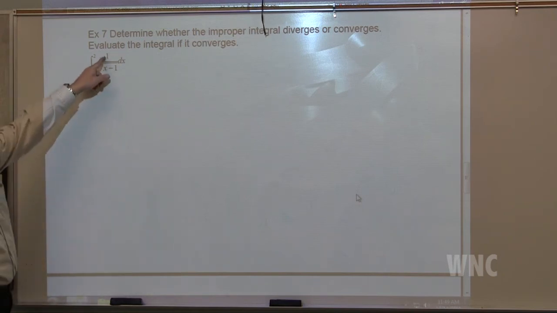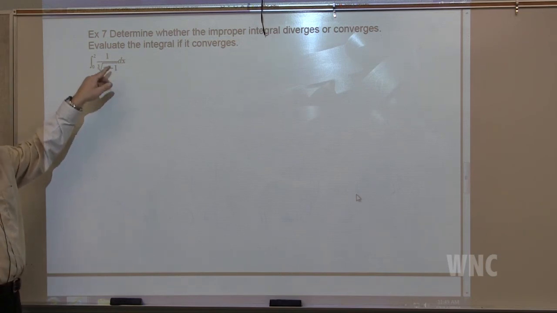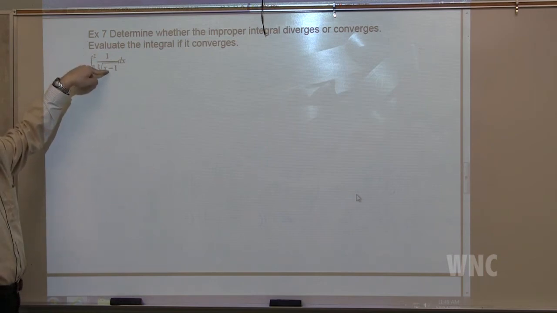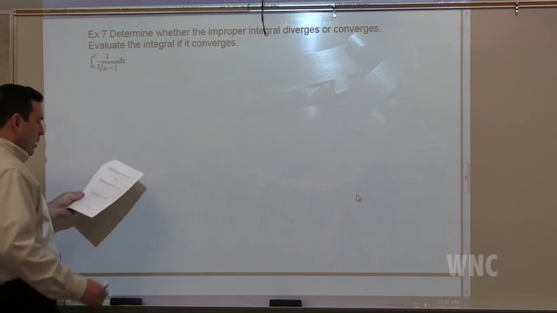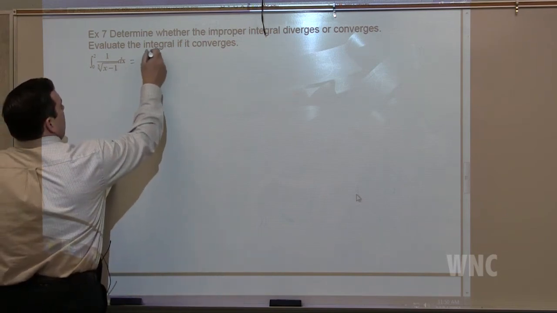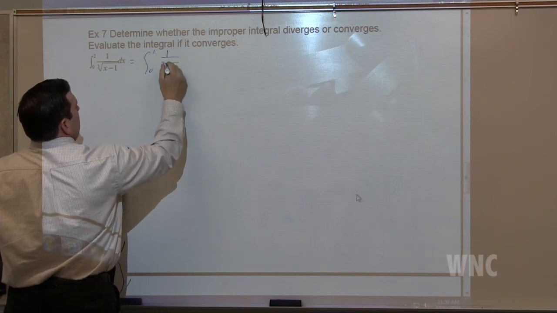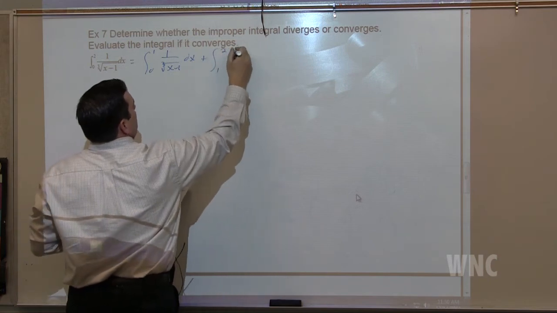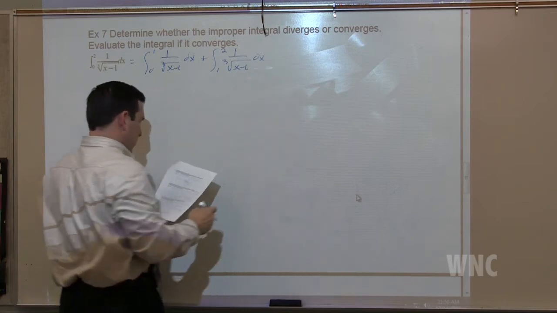So here we have 1 over the cube root of x minus 1. Well, x minus 1, as this function sits, 1 minus 1 is 0. 1 is in the range here from 0 to 2. So we'll break this out to be the integral from 0 to 1 of 1 over the cube root of x minus 1 dx plus integral from 1 to 2 of 1 over the cube root of x minus 1 dx.